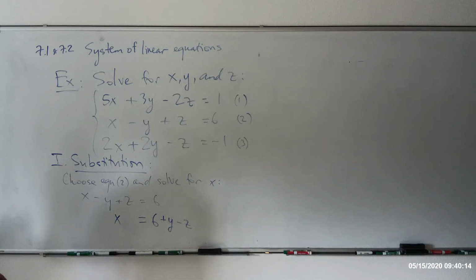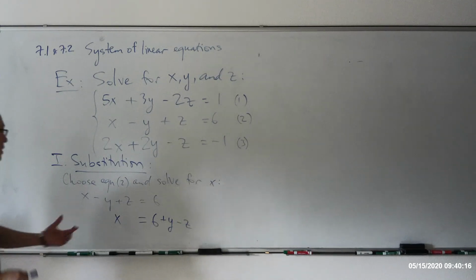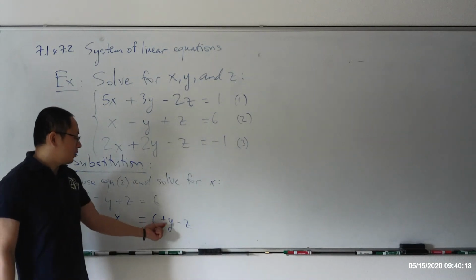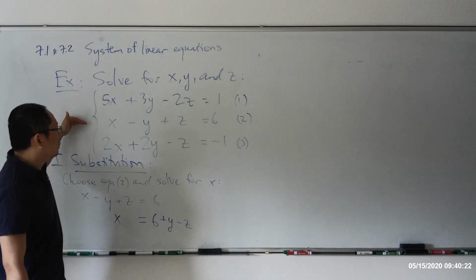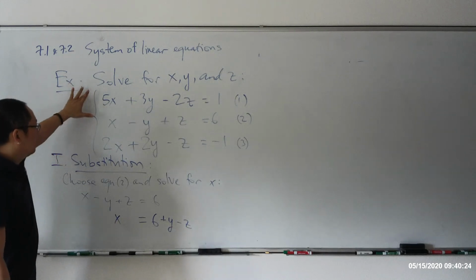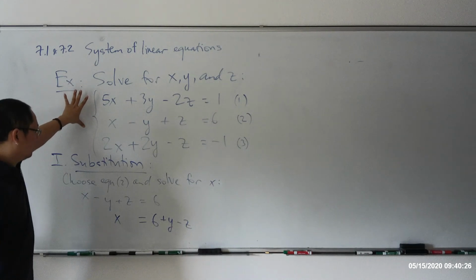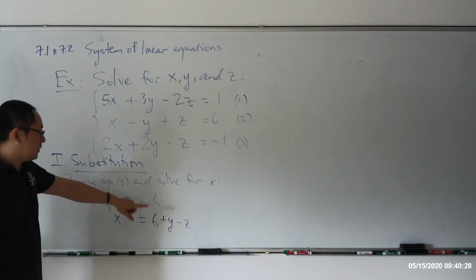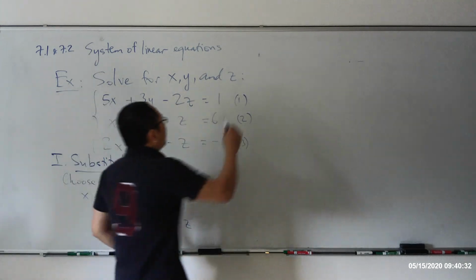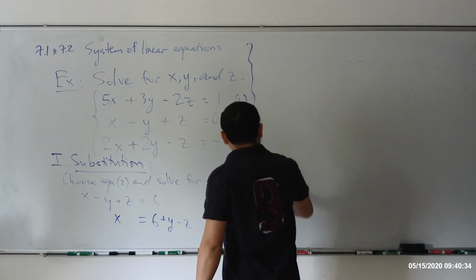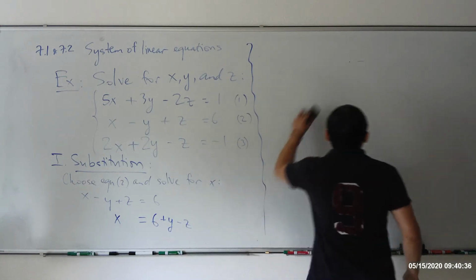Okay? Now, what do we do after this? We're going to substitute that x by 6 plus y minus z into the other 2 equations. All right? We already used equation 2, so it's done. Substitute x by 6 plus y minus z into equation 1 and 3. Okay? See what happens.